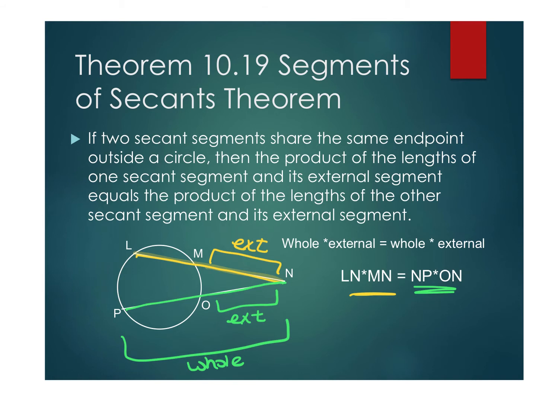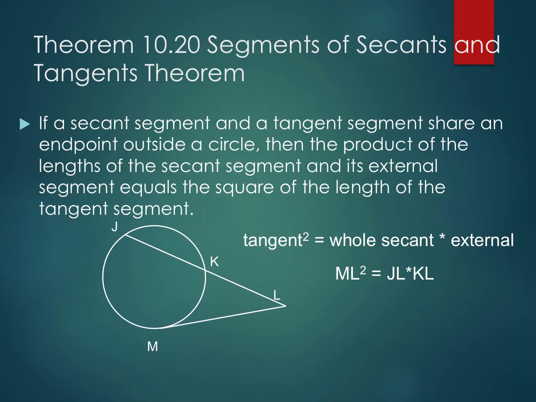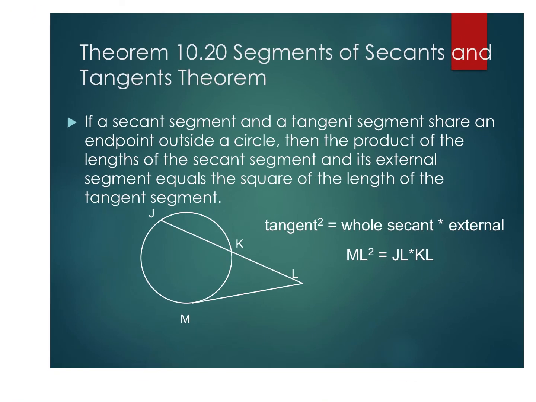The next theorem is for a secant and a tangent. So ML here, this is the tangent line, and JL, this is the secant segment. And this is the whole thing, JL.